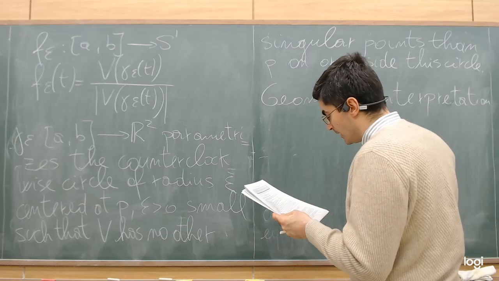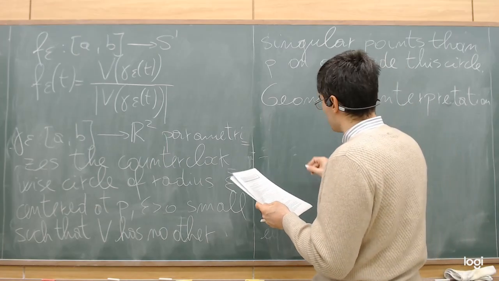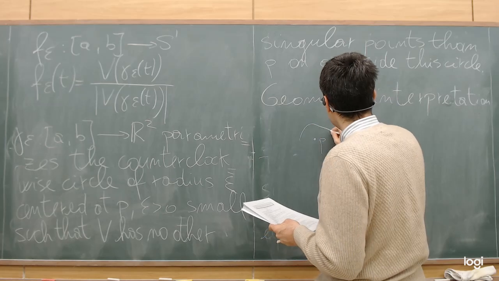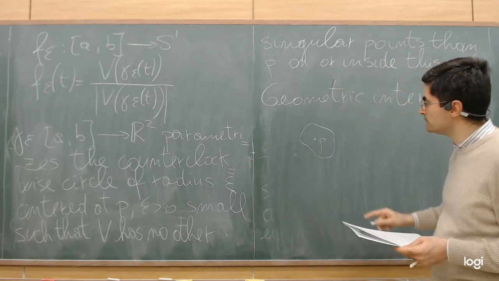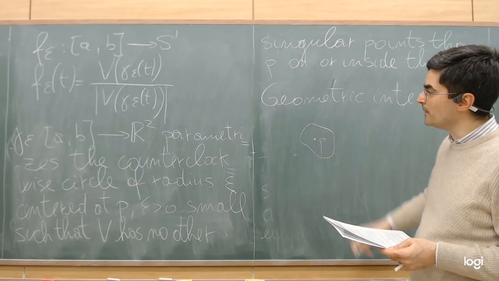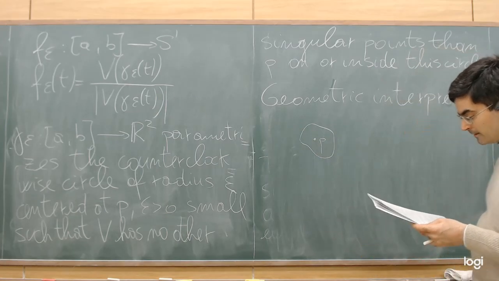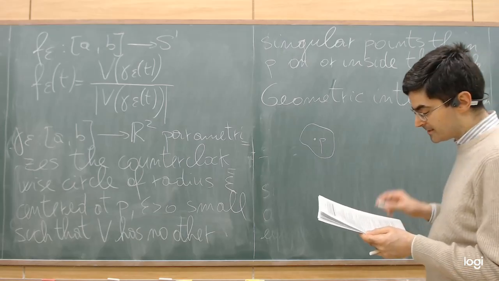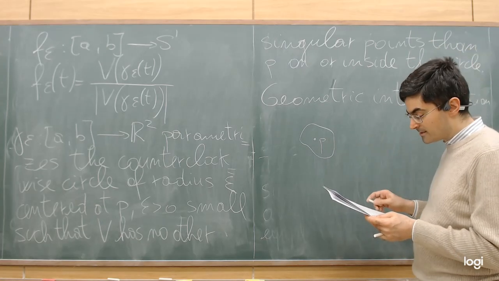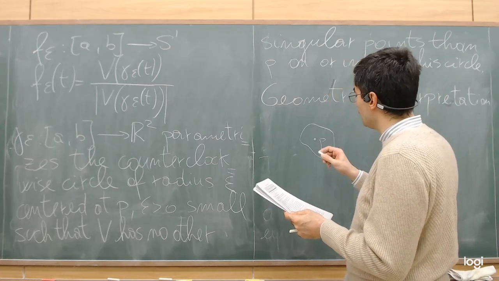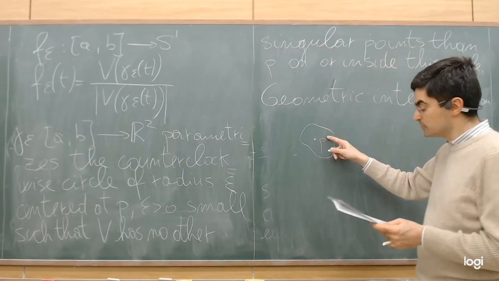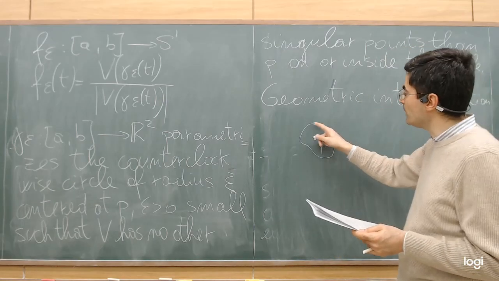Imagine that you are traveling along a small loop encircling the point P, in such a way that you turn your body so that you are facing in the direction of the vectors that you encounter moving along this curve.